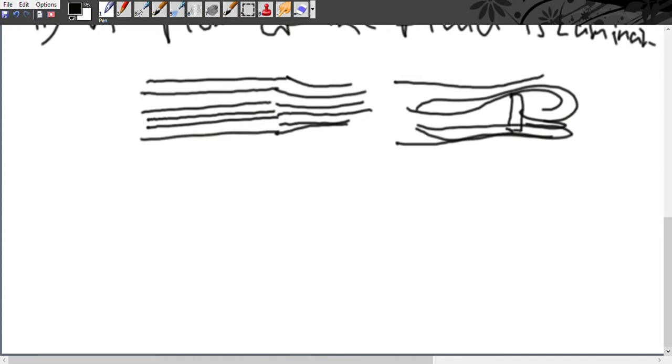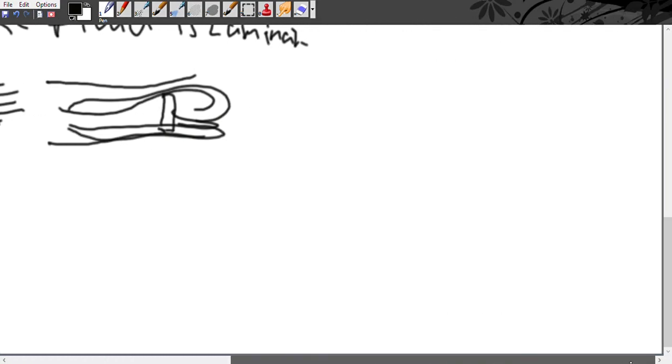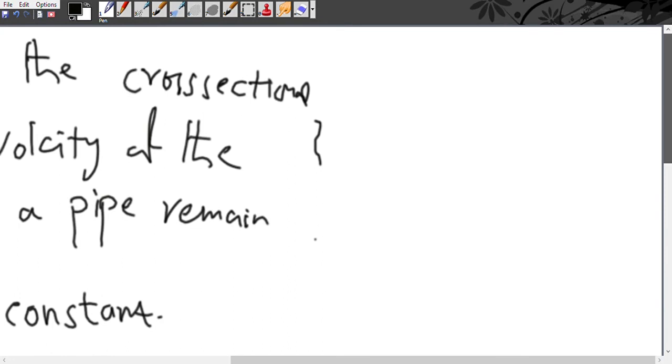Now coming toward the derivation, assume that we have a pipe with varying cross-sectional area like this.